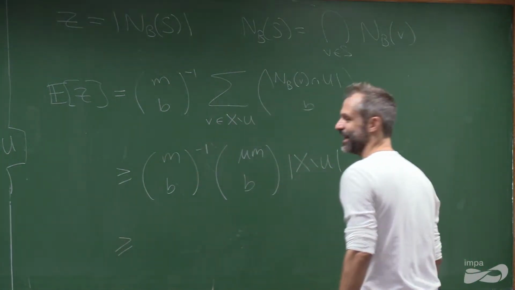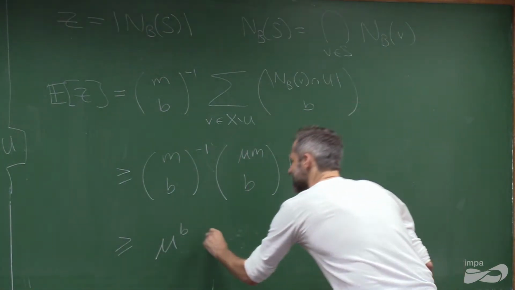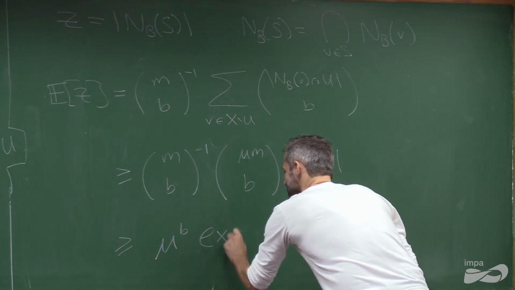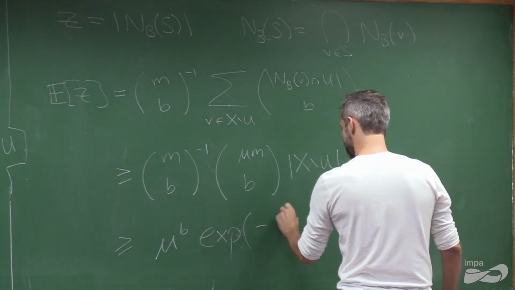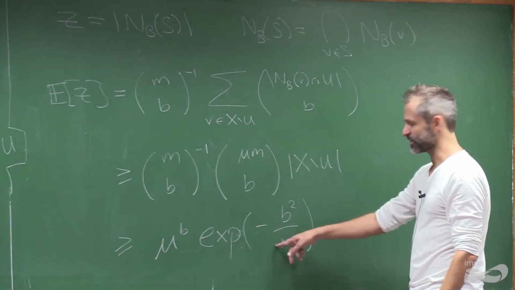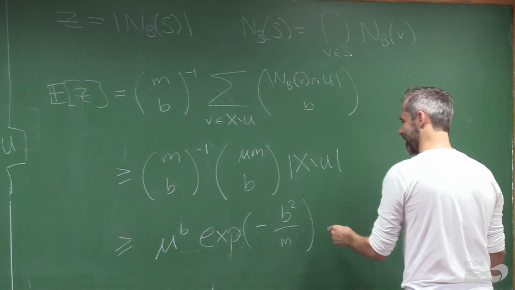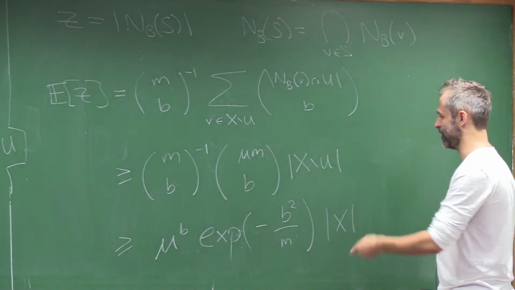So maybe you just believe me when I tell you that this is like mu to the b, and then there's an e to the minus b squared over m or something. Maybe there's a constant factor somewhere. Who cares? And times size of X over 2, whatever.